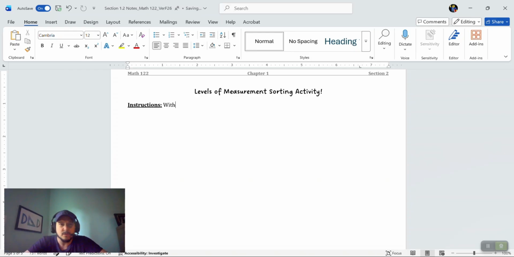With your teammates, determine the level of measurement for each of the items designated for your group. So there's going to be a group 1.